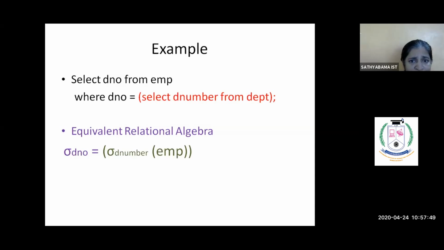We are using two tables here, the EMP table and the department table. The inner query fetches department number from department. In department, various numbers would be there, 10, 20, 30 like that. All the D numbers will be fetched as an answer, and that subtable will be given as an input to the outer query.